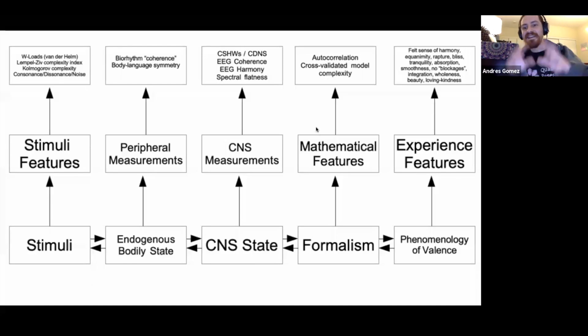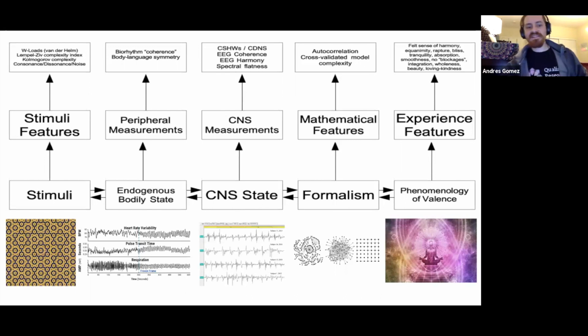So, here's the big plan: all of these different projections of this underlying state. We have the stimuli, and I'm visualizing these to give you an example: more symmetrical stimuli lead to higher valence.